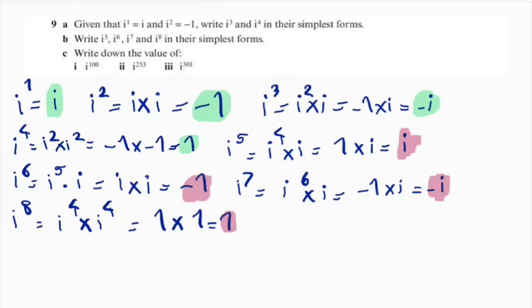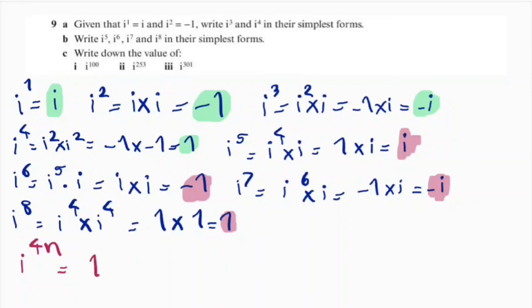Now we can generalize that, so this can be very helpful to us later on. There are some relations that we can write down, and hopefully it makes sense. From now on, if we have something in the form i to the power of 4n, or just a number that is a multiple of 4, then this is equal to 1.